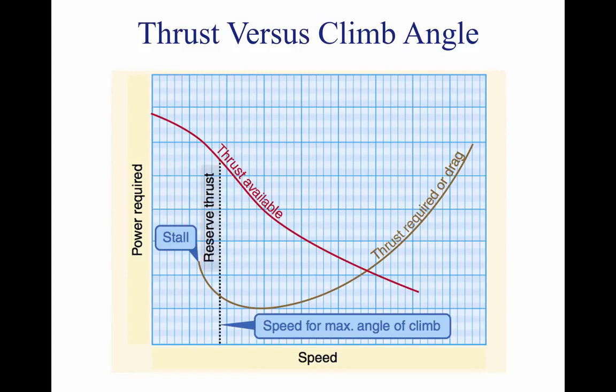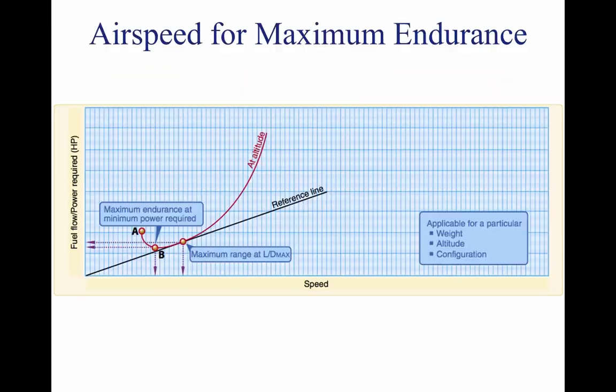For example, for the propeller-powered airplane, the maximum excess thrust and angle of climb will occur at some speed just above the stall speed. Thus, if it is necessary to clear an obstacle after takeoff, the propeller-powered airplane will attain maximum angle of climb at an airspeed close to, if not at, the takeoff speed.